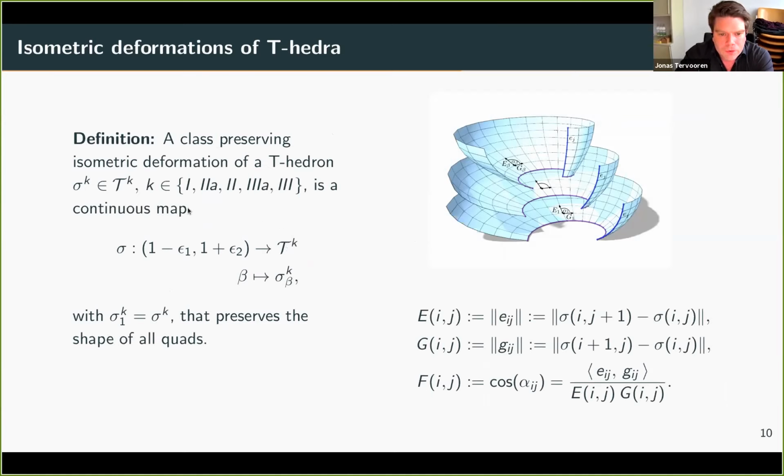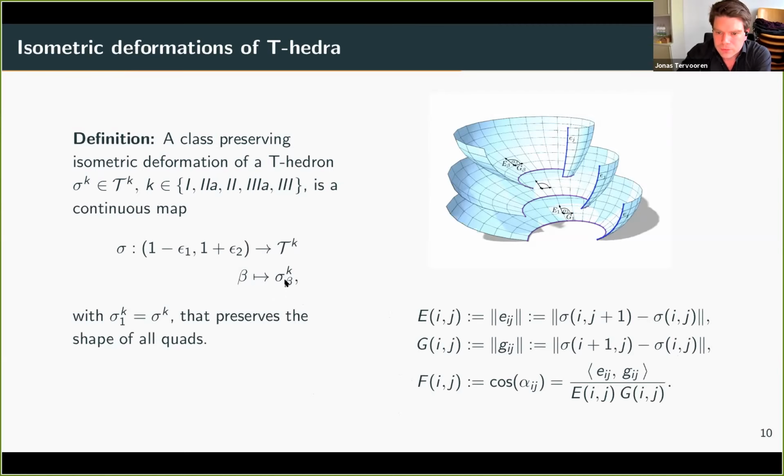And during this deformation process, we demand that the shape of all quads of the surface are always the same. Since the quads are trapezoids, they're uniquely defined if we know their edge lengths, where we have here the vertical edge length given by E and the horizontal edge length denoted by G. And for each quad, we just have to know one angle. Then the trapezoid is uniquely defined.